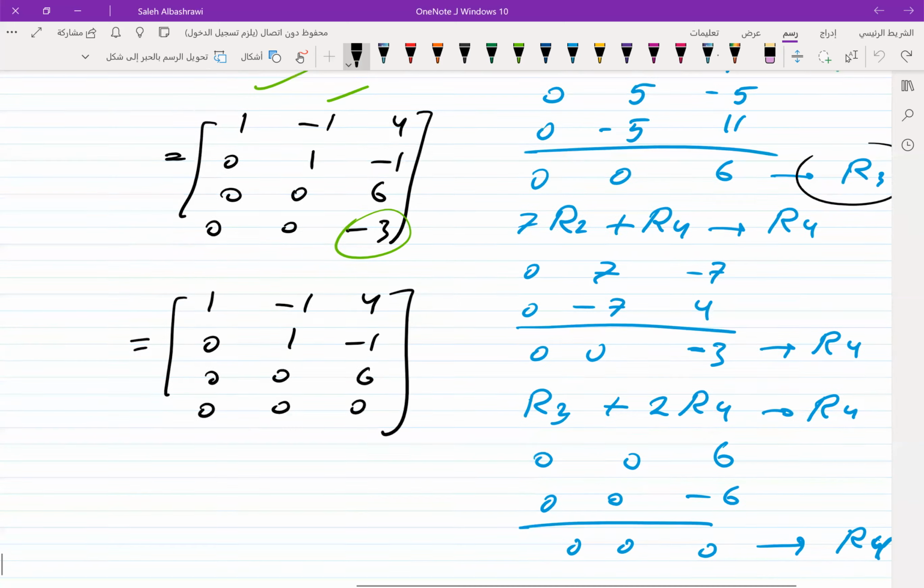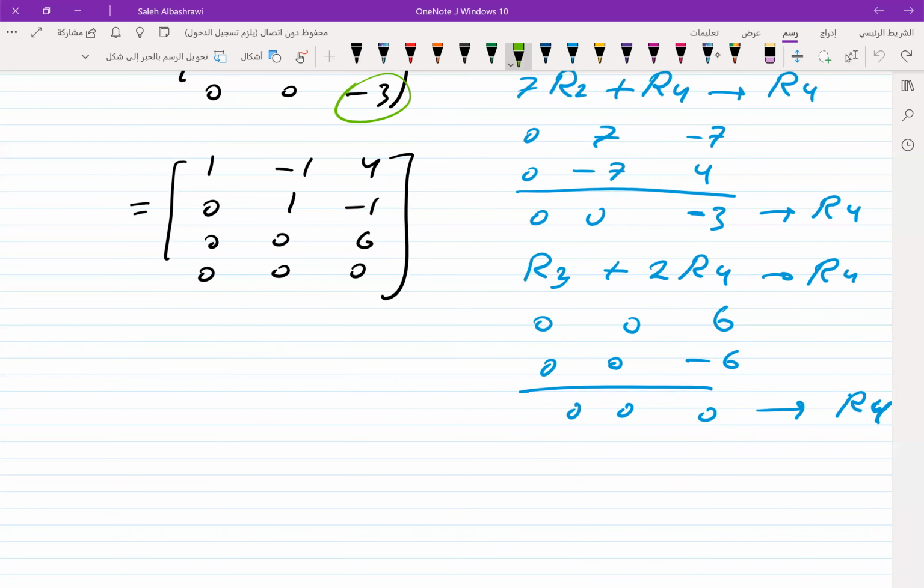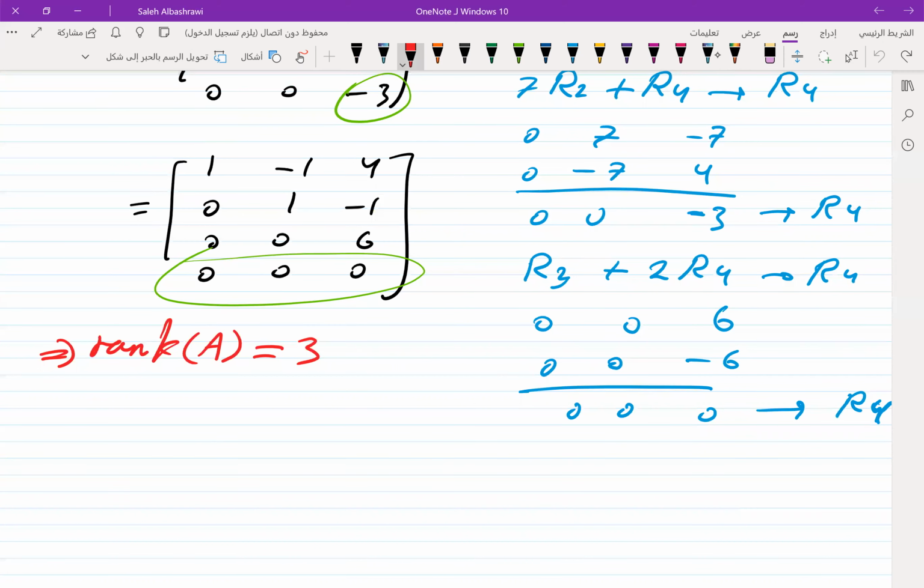We can see that we have one 0 row and 3 non-zero rows. This will say that the rank of A equals 3. And since we have one 0 row, this means the vectors are linearly dependent.